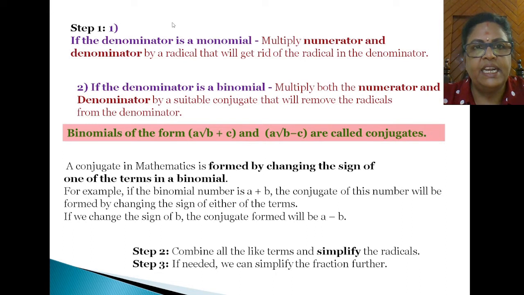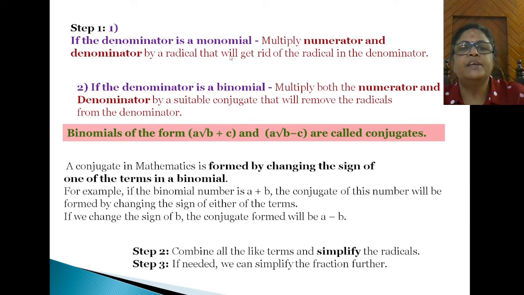So rationalize the denominator. Step 1, if the denominator is a monomial, multiply the numerator and denominator by a radical that will get rid of the radical in the denominator. Then step 2, combine all the like terms and simplify the radicals. Step 3, if needed, we can simplify the fraction further.